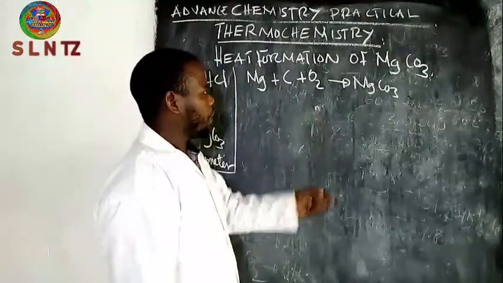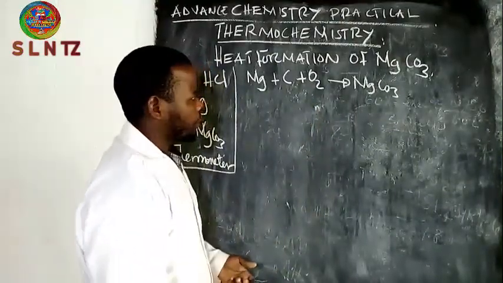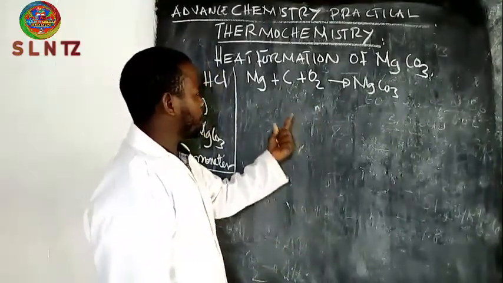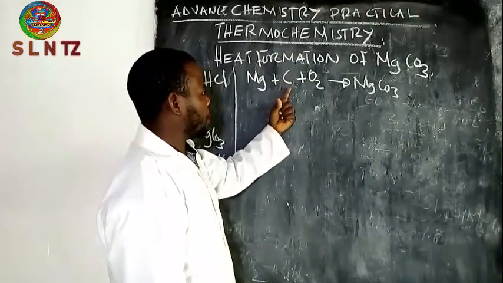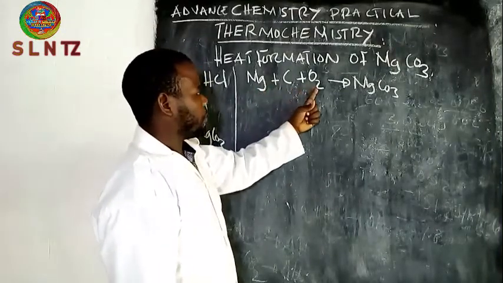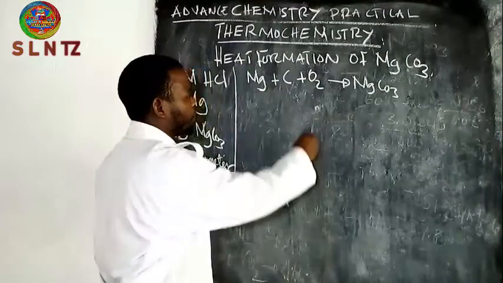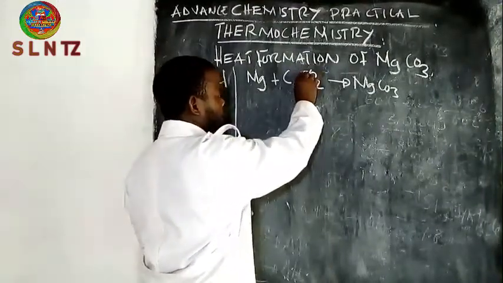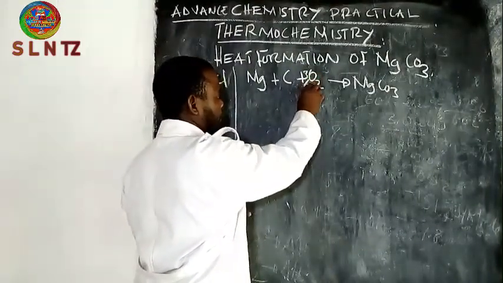When you balance here, you see there is 1 magnesium carbonate, and here there is 3/2 oxygen.